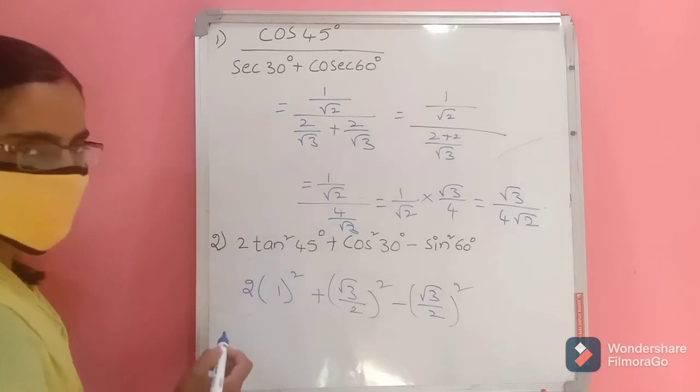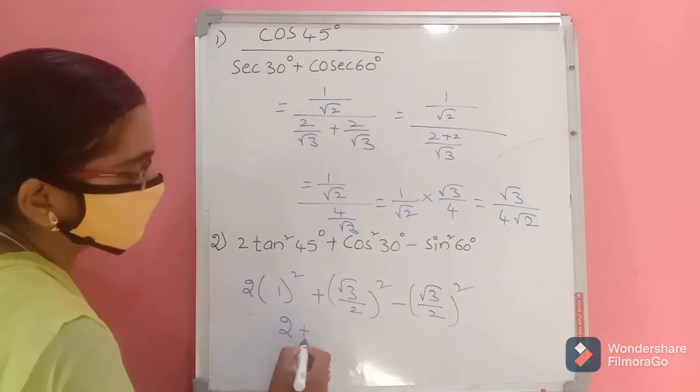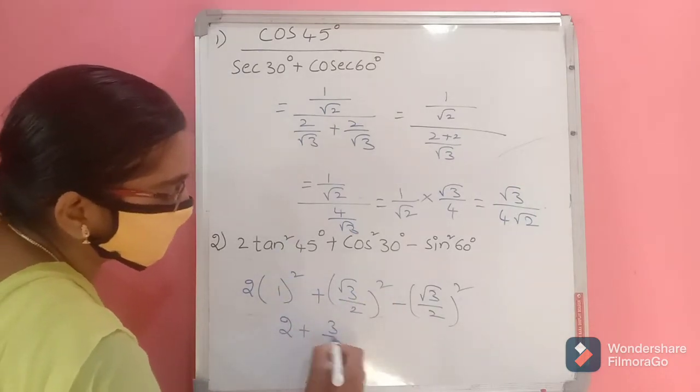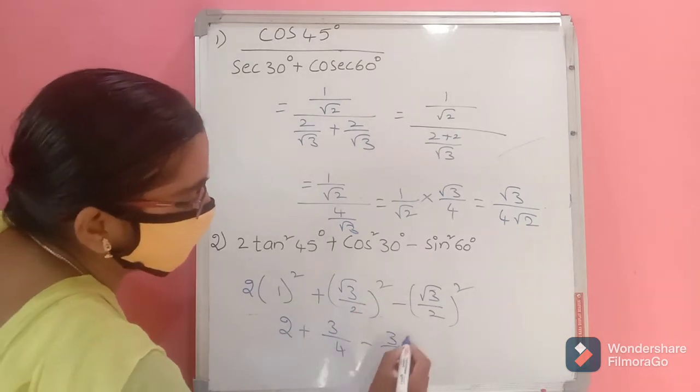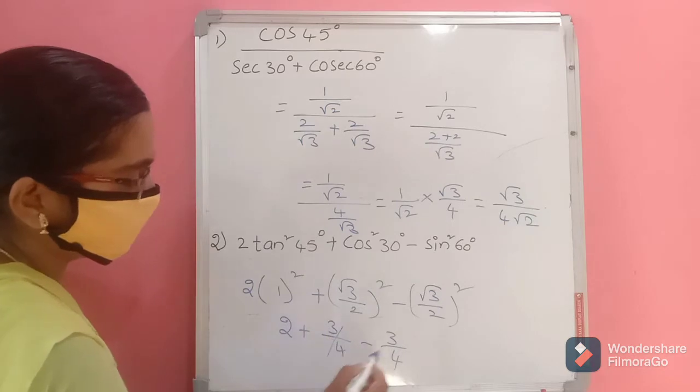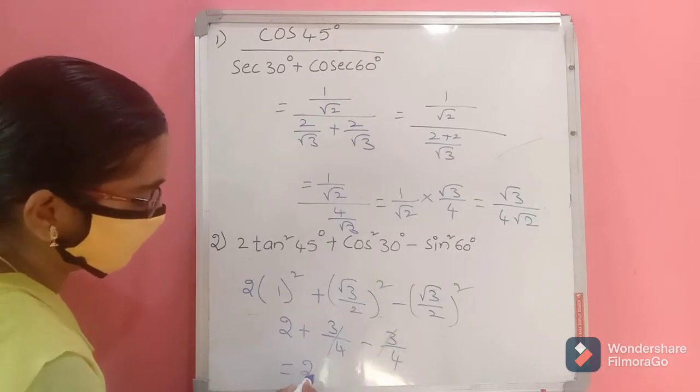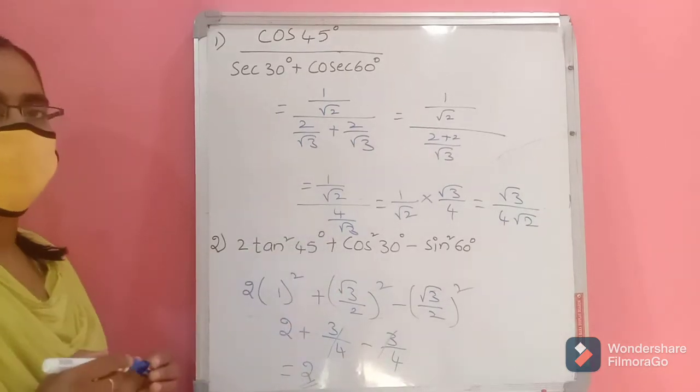So 1 square means 1. 2 into 1 is 2, plus root 3 square 3 by 2 square 4, minus root 3 square 3 by 2 square 4. So plus 3 by 4 minus 3 by 4 gets cancelled. We get 2. So its value is 2.